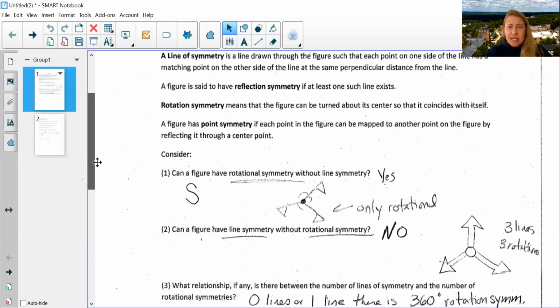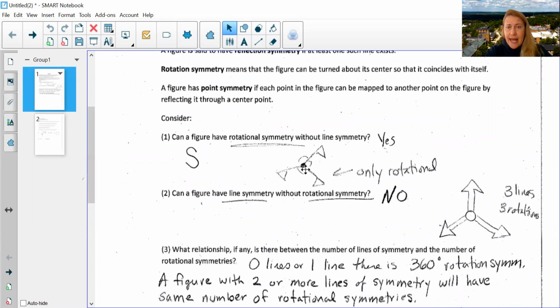I was comparing and contrasting. Here again is a figure with 3 rotational symmetries, no line because of the way I made the flags go in only one direction. But here, as soon as I put some symmetry on either side, like it's basically the flag with the other half, now I have lines of reflection and rotational symmetries.